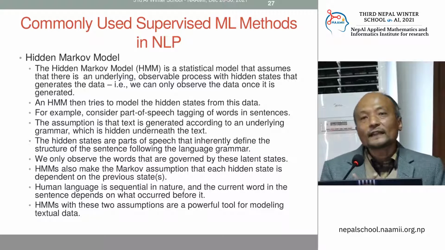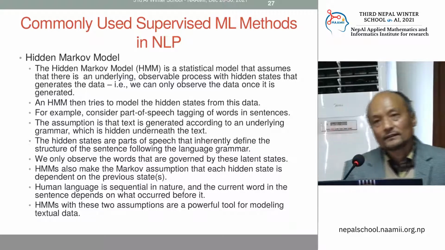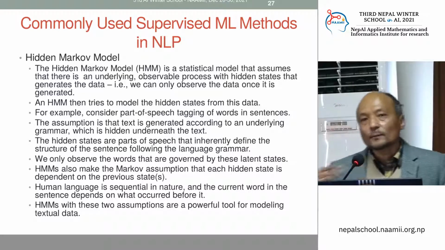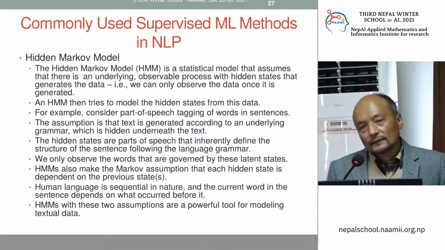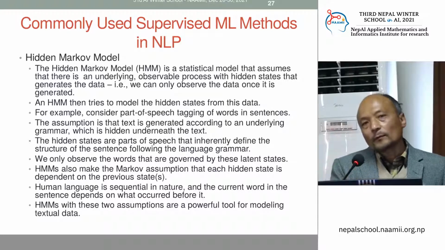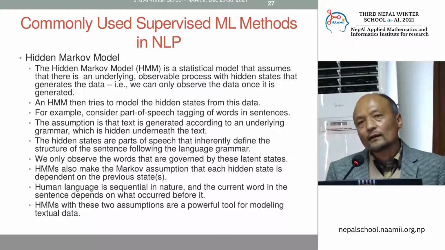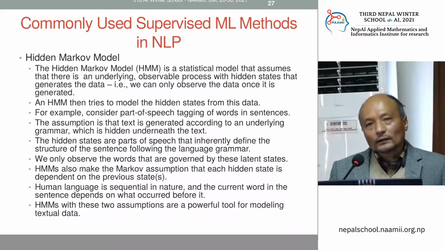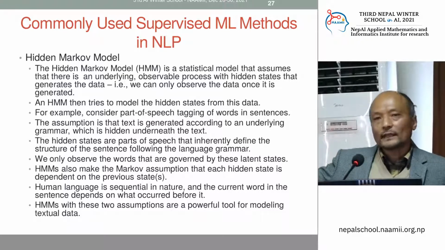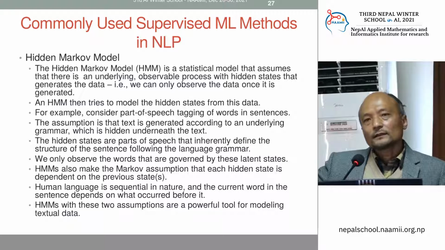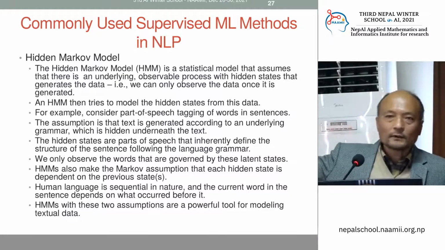And we know that human language is sequential in nature. So we have a sentence which is comprised of words, going left to right. I mean, there are languages which move from left to right, and English and Nepali belong to that category. There are other languages which move from right to left, maybe Arabic. Languages following the Arabic script, for example, move from right to left.